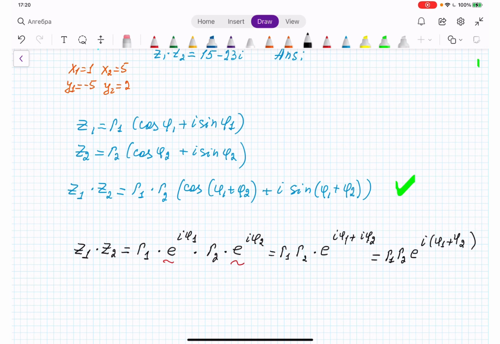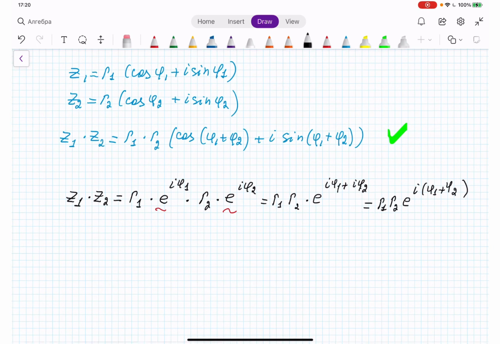So let's do one example with exponents. So we have z1 is equal to square root 2 e to the power half a pi times i, and z2 is equal to square root 2 e to the power negative pi over 4 times i.